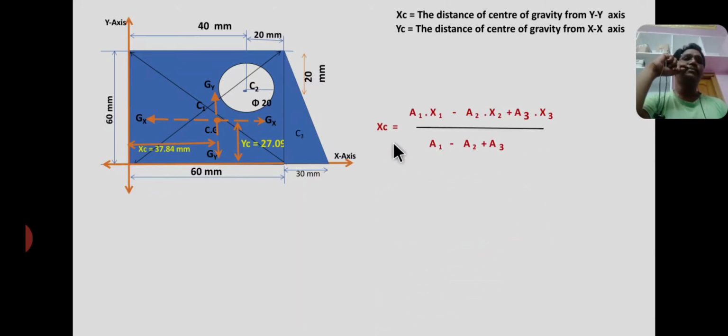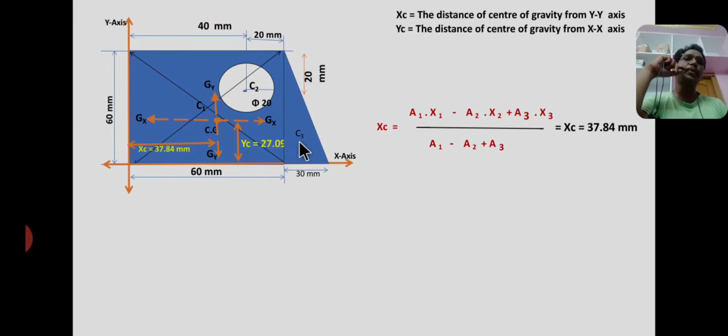Now from basic formulas, xc equal to a1 x1 minus a2 x2 plus a3 x3 by a1 minus a2 plus a3. Here you have to remember, you have to consider positive sign for solid sections. Here the solid sections are rectangle and triangle.